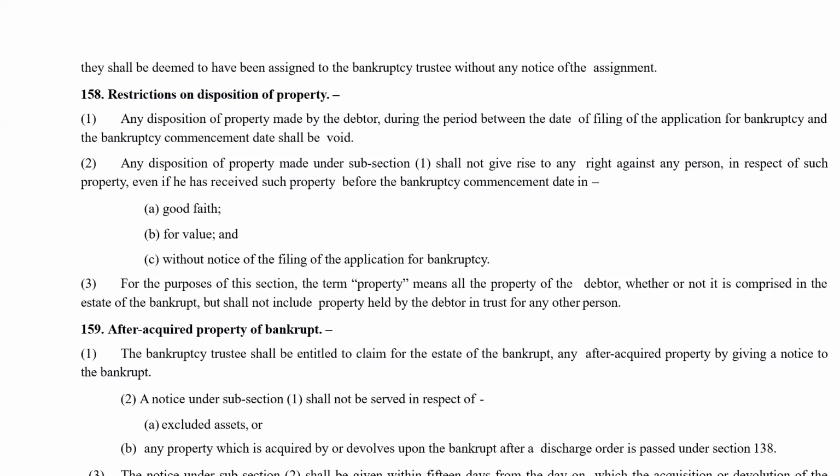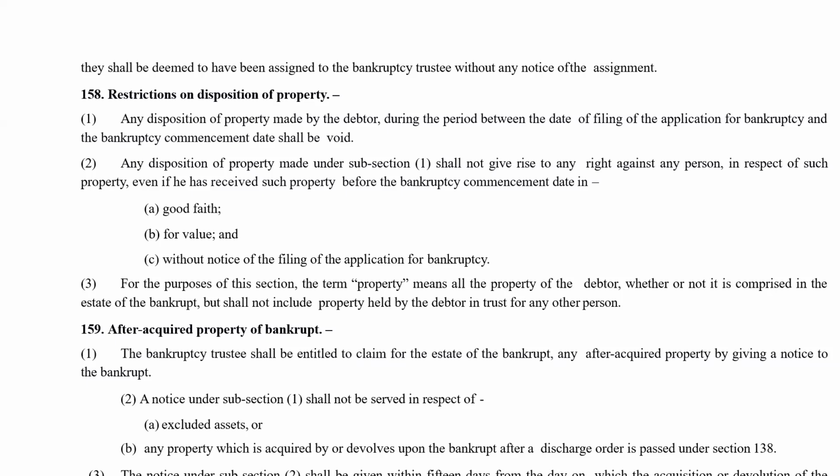So this transaction will be considered as void. For the purposes of this section, the term property means all the property of the debtor, whether or not it is comprised in the estate of the bankrupt, but shall include property held by the debtor in trust for any other person.